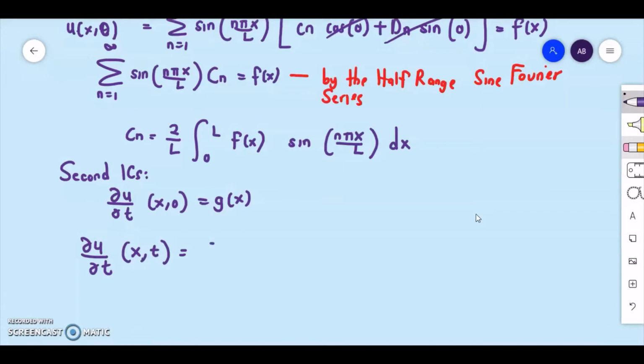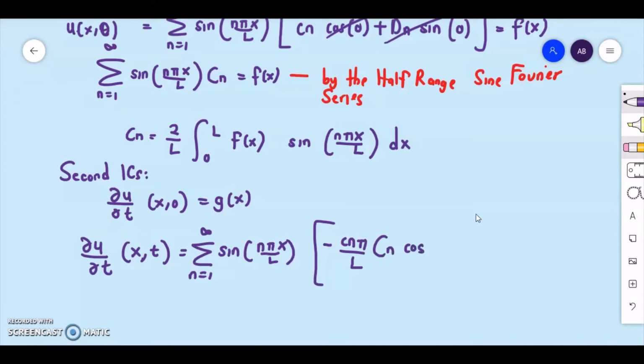So differentiate first, that gives me the summation n equals 1 to infinity of sine(nπx/L). I have negative cnπ/L c_n cos. Is it cos or sine? Earlier on I wrote cos, right? So that will be negative sine. So I gotta erase this.